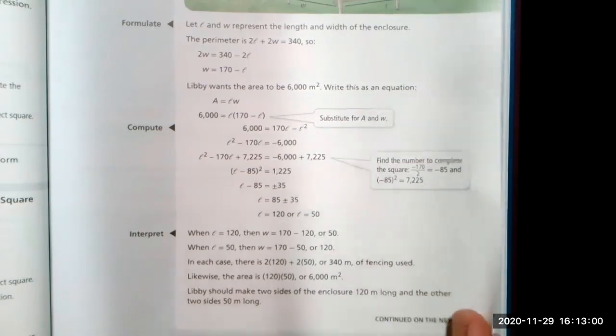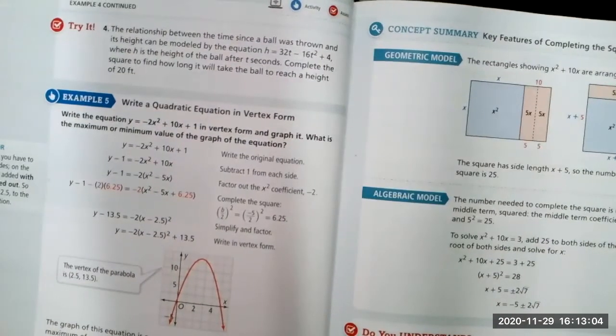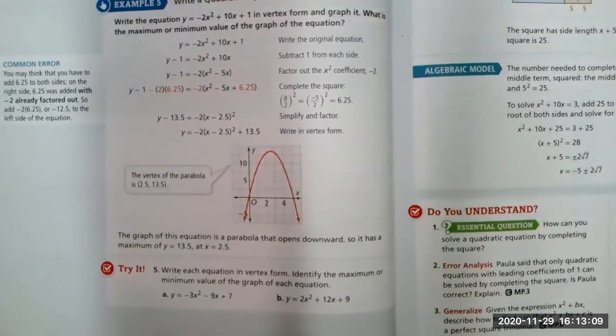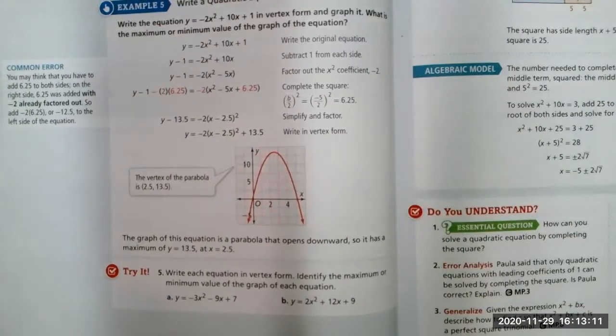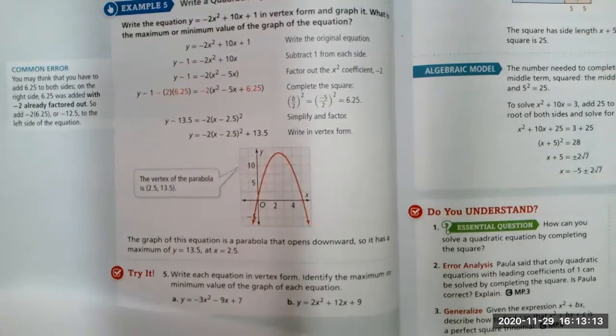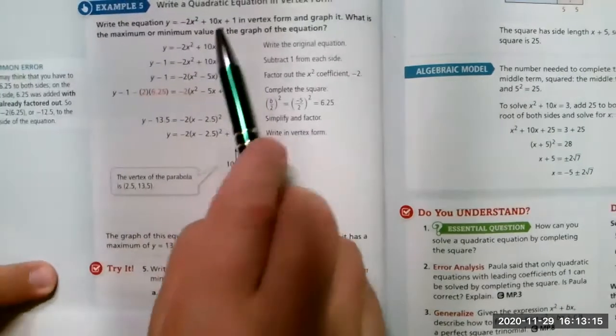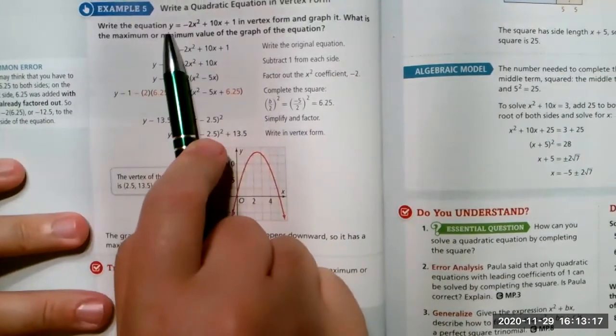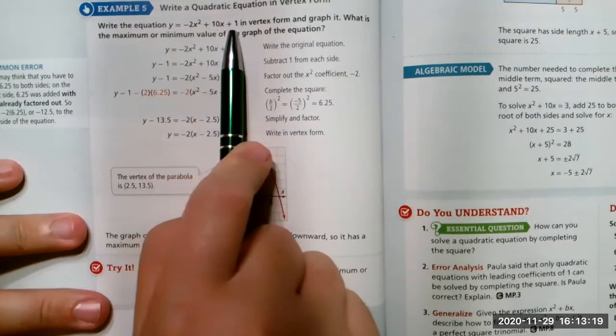All right. And then example 5, let me make sure this doesn't have any, okay. So this one should be good. So they are starting off with this equation. It's equal to y, negative 2x squared plus 10x plus 1.